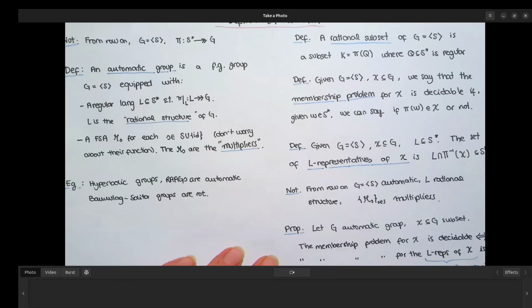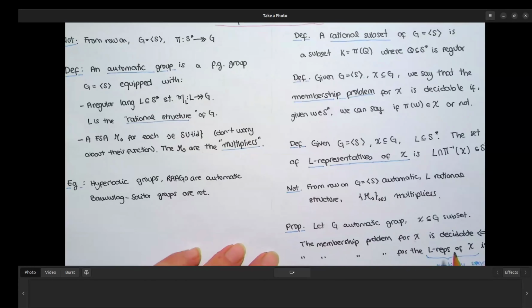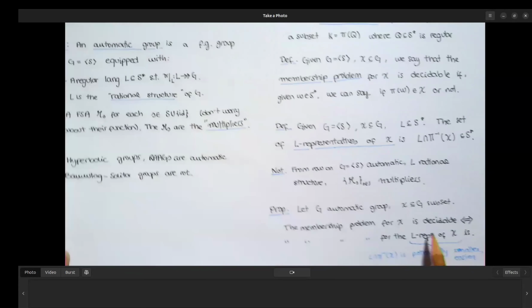Something that is going to be very useful for the rest of the talk is to know that if we have an automatic group and any subset of it, the decidability of the membership problem for that subset is equivalent to the decidability of the membership problem for the L representatives of the subset.